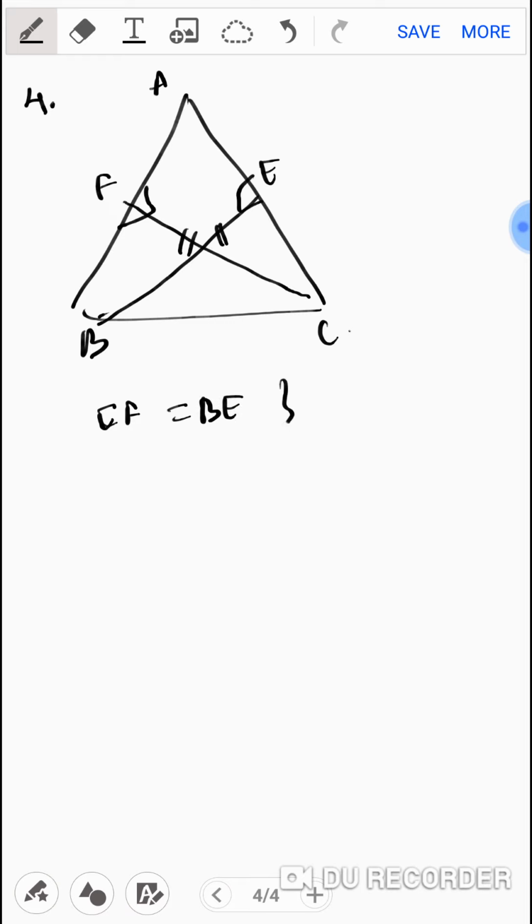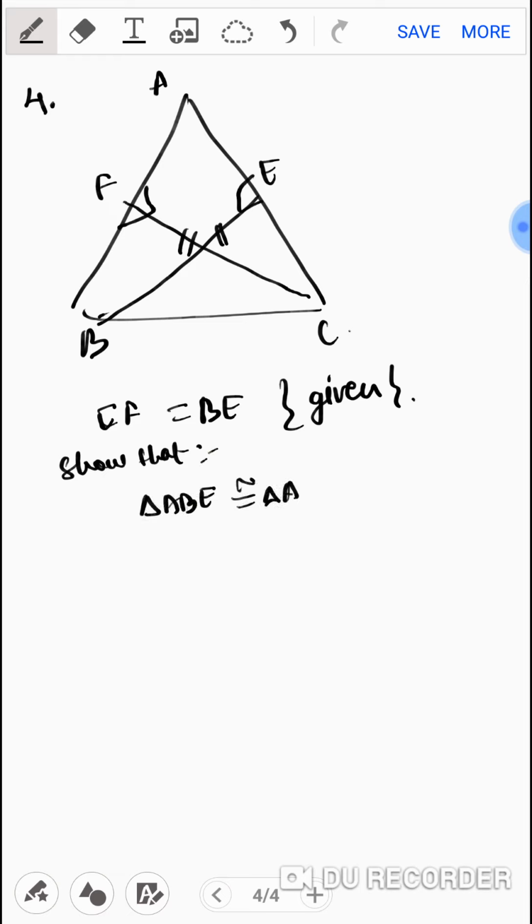It is given. And you have to show that triangle ABE is congruent to triangle ACF, and you have to also prove that AB is equal to AC.